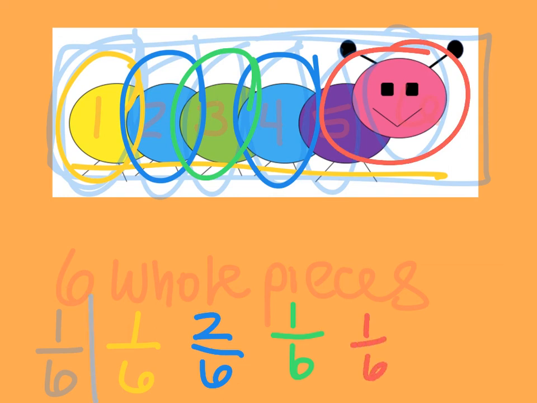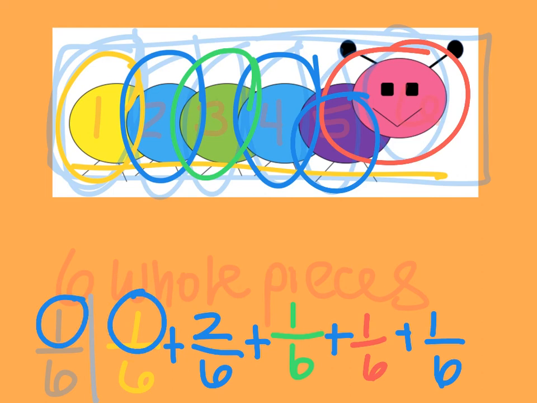When you add all of these together, 1 plus 2 plus 1 plus 1, you get, oh, and we forgot purple. I was wondering why there was a mistake. Plus 1/6. So you get 1, 2, 3, 4, 5, and 6.